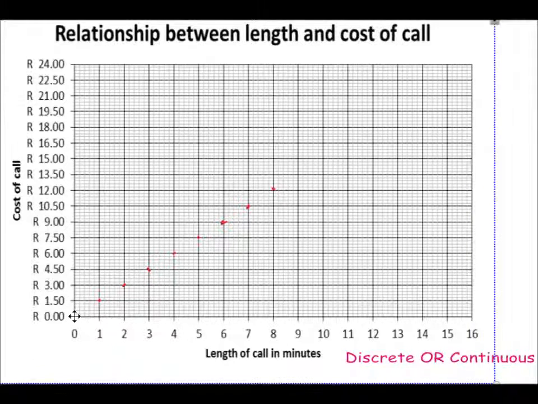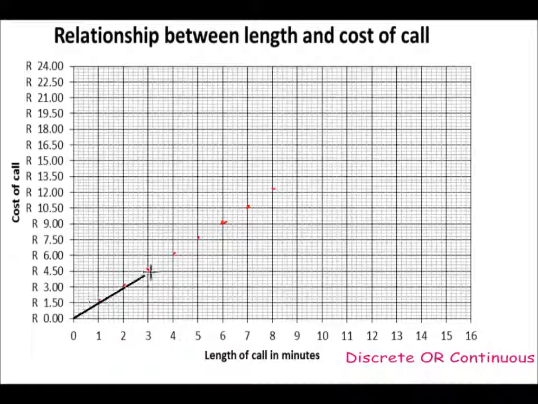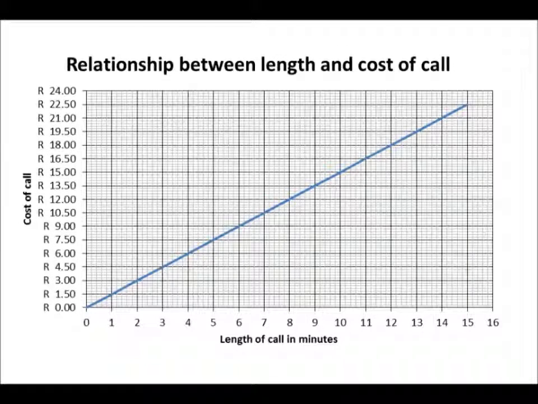So I will go from 0 through all those dots, and I always continue my line to the end of my graph. So that is the line to show the relationship between the length and cost of a call. So now our graph looks like that.